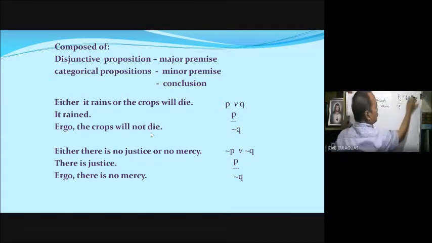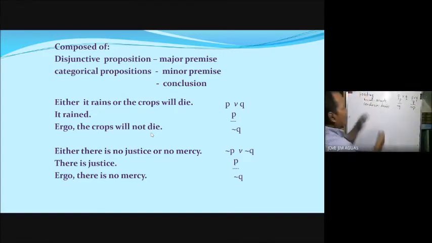When you accept, it could be either P or Q. It does not matter. Unlike in the conditional, where when you accept, it should always be the antecedent in the minor and the consequent in the conclusion. Here, it does not matter. You can choose any of the two because they are alternatives, all right? So that's the positing process.